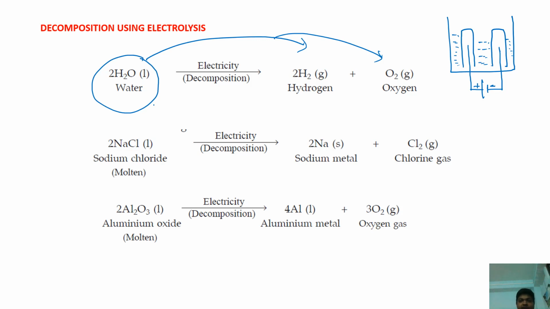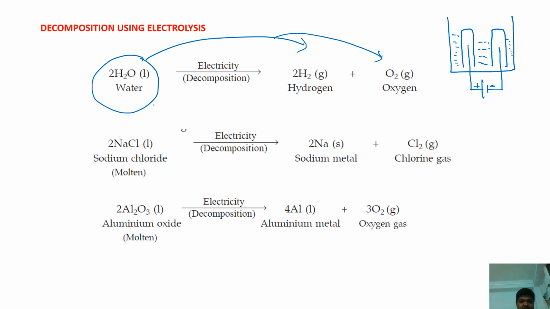Whenever you pass the electricity, the decomposition reaction takes place, and in the two test tubes we get hydrogen gas and oxygen gas separately. But how does this happen? When decomposition is done using electrolysis, the water is broken into two ions, a hydrogen ion and an oxygen ion.